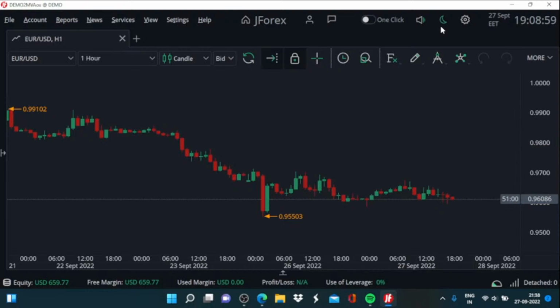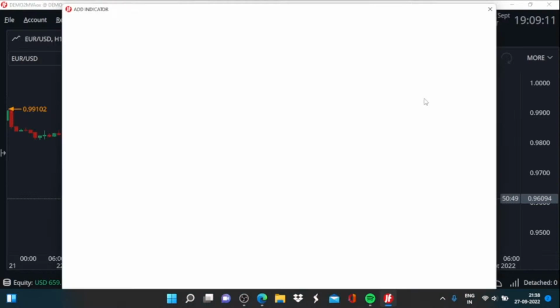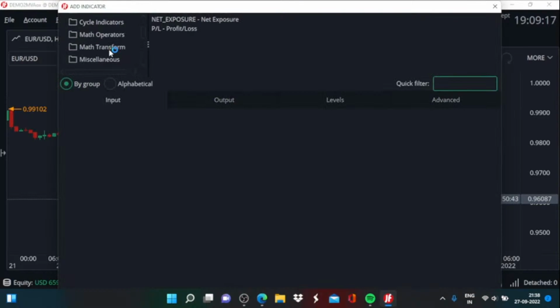So let us consider this indicator, which is listed amongst the momentum indicators. You can find it using two options: add indicator using F3 or quick search. Amongst the list, you will find it listed amongst the momentum indicators here.